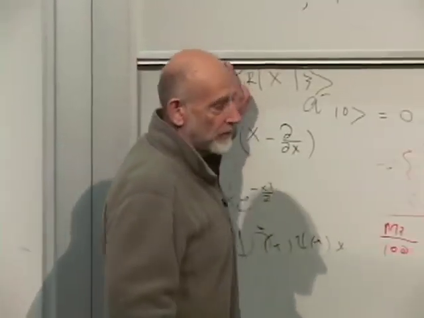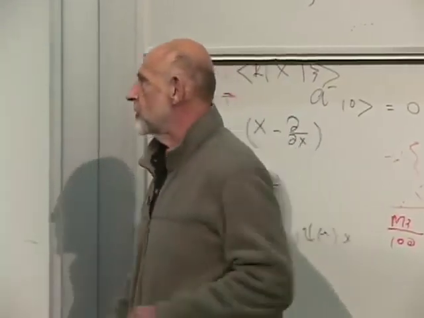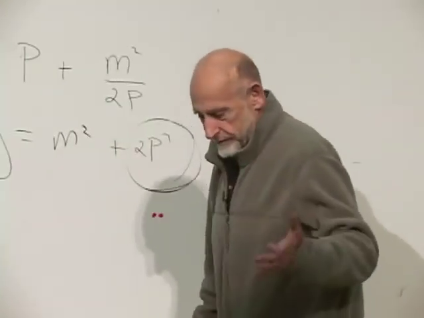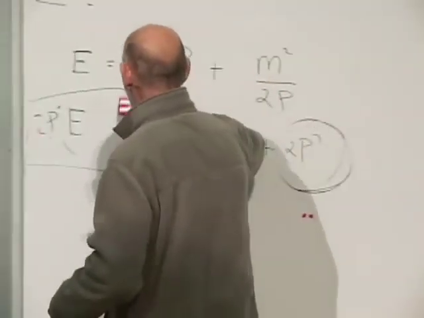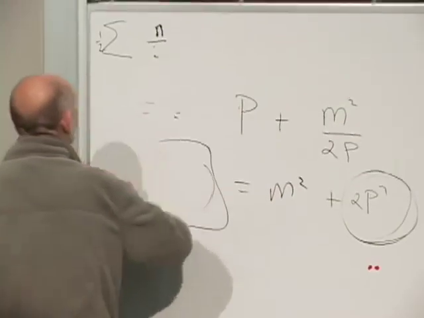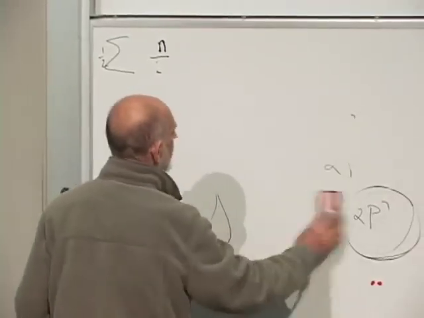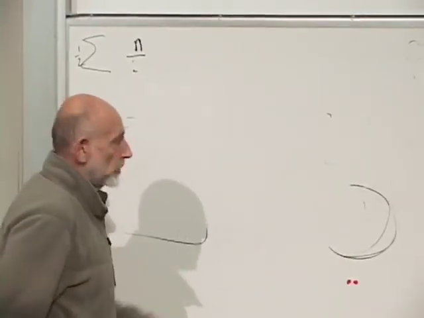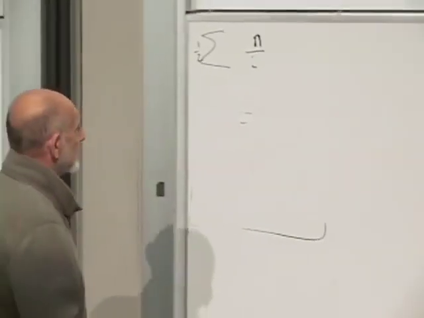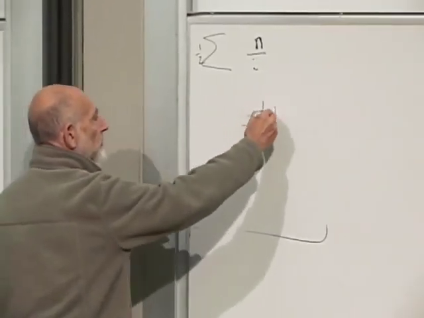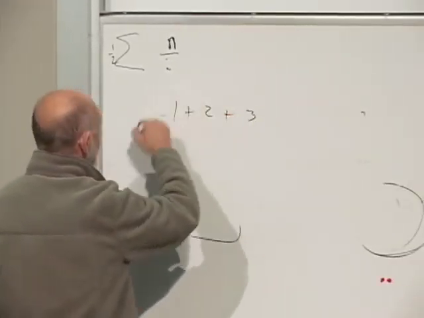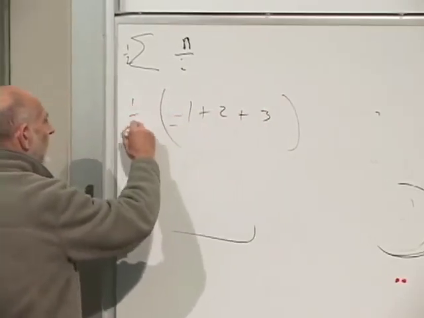Let me show you the mathematics, and we can then discuss another time the physics. The mathematics is tricky, but easy. It's just a question of adding up 1 plus 2 plus 3 plus 4. It's just a sum here. There's an overall factor of a half outside.